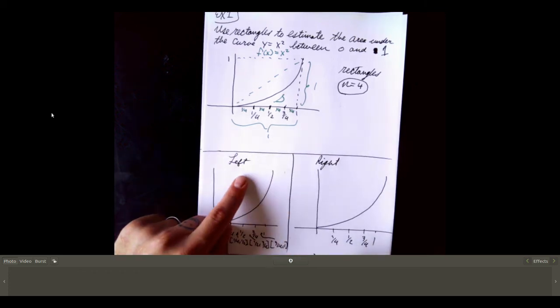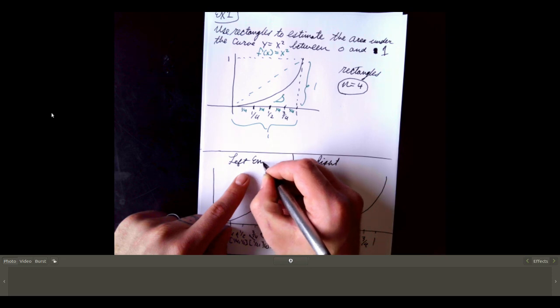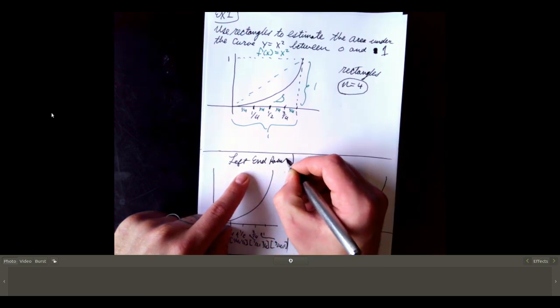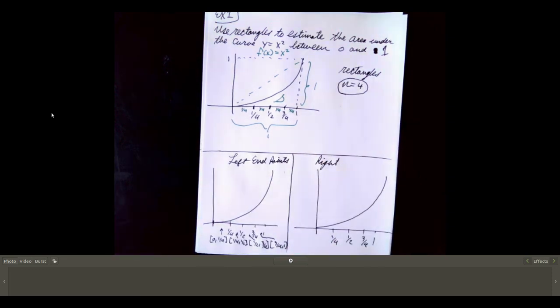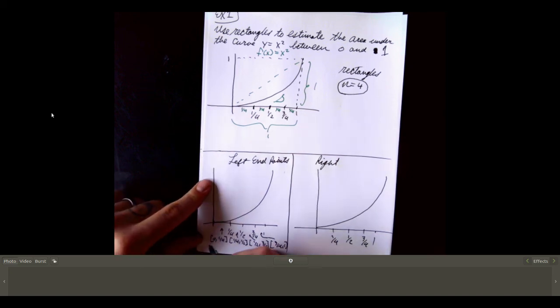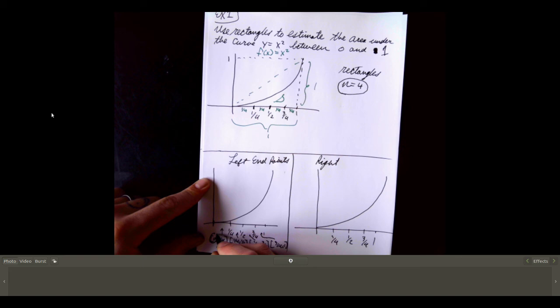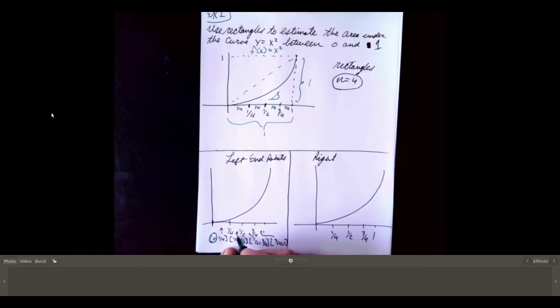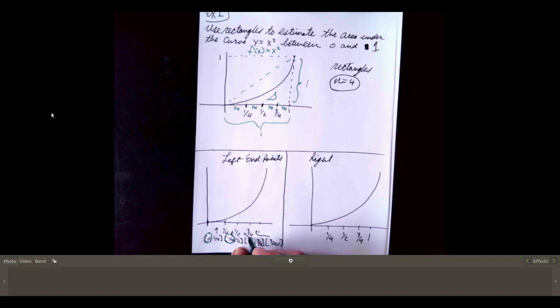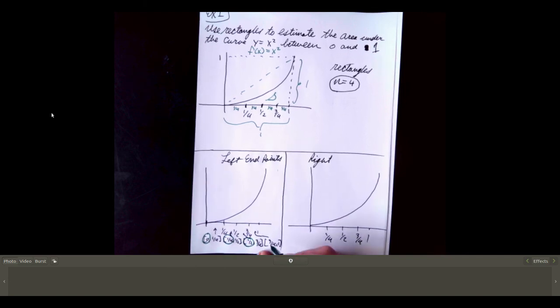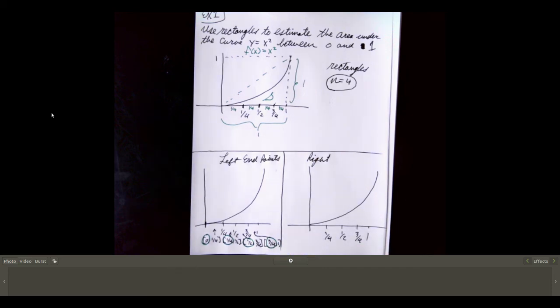When we use our left endpoints, we get our height from the left endpoint. This is the x value for our height. This is the x value for our height. This is the x value for our height. And this is the x value for our height. Let me show you what I mean on the next page.